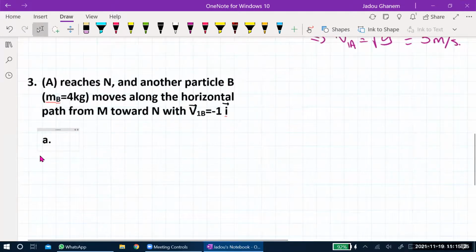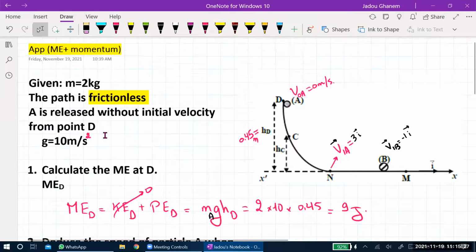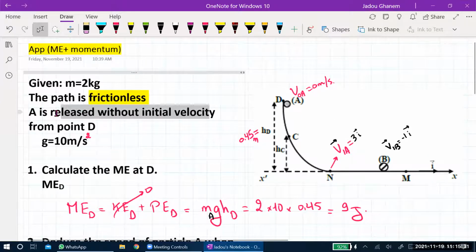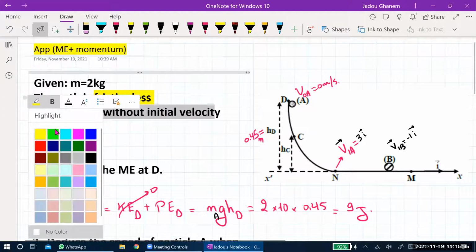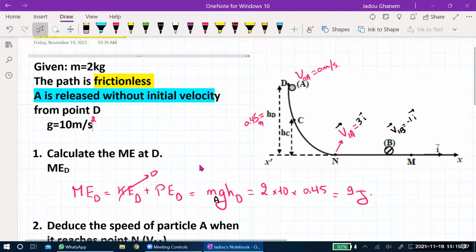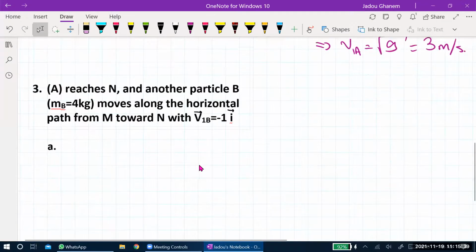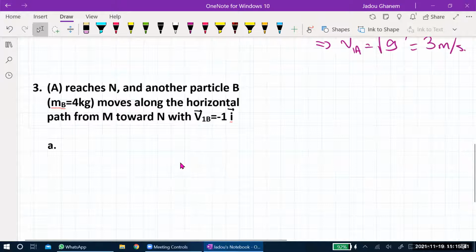As for VA, how did we know it is zero? As you can see here, they said that A is released without initial velocity. Okay, part 3A.